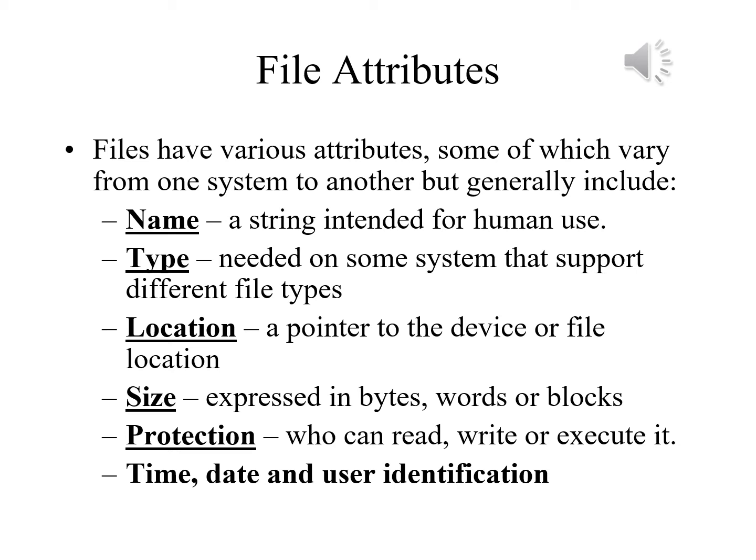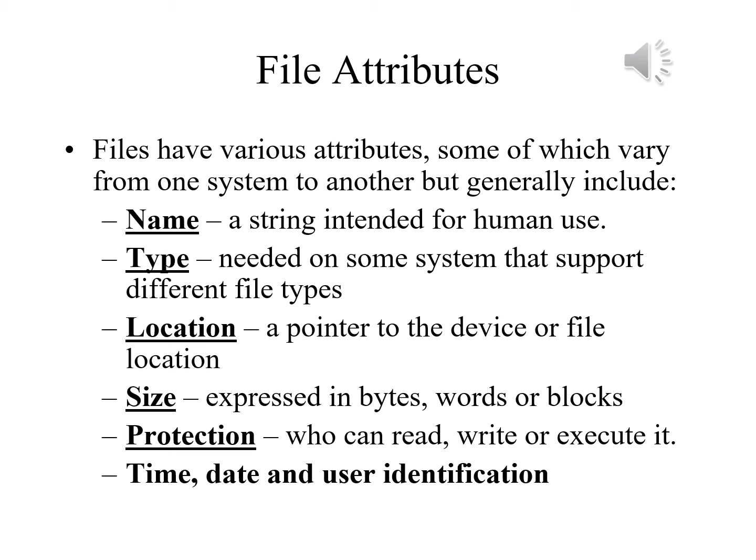Having a file does us little good if we can't find it. This requires that the system be able to keep track of where the file is located. By this we mean on which device is the file located, and if it is a secondary storage device, where it is located on that device.